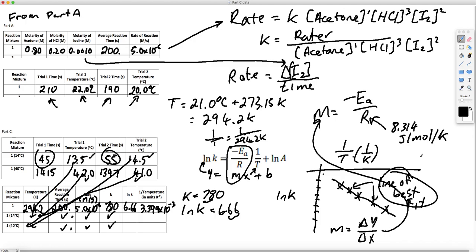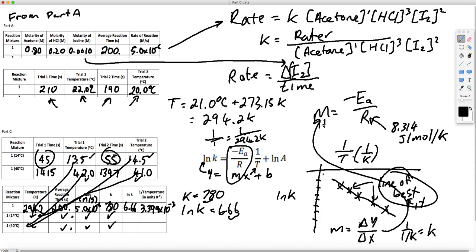And the slope here will have the unit of kelvins, because it's going to be change in y over change in x. So it'll be 1 over 1 over K for the unit, which will be K for the slope.